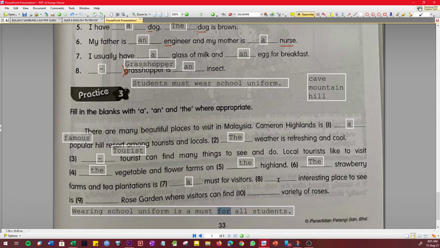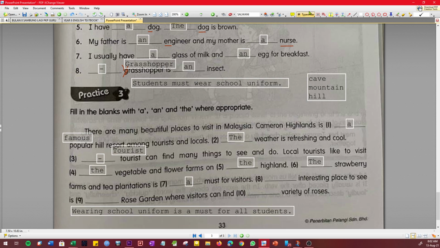Okay. This one a or n or the. Right. Apa peraturannya di sini? Which rule do we use? We use the rule for vowel. Vowel. Also it is, although it is adjective, tapi ini adalah vowel.